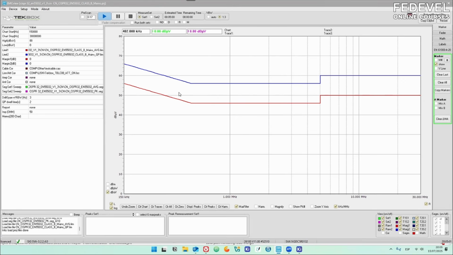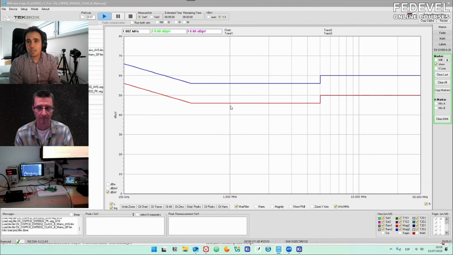One is for the average, which is this one, and the other is for the quasi-peak. Today we don't have time to go there, only to know that in EMC tests, we measure two magnitudes. The main reason is that it's not the same to have a signal of 1 megahertz that is always there as having 1 megahertz only sometimes. So that's why we need these two measurements.